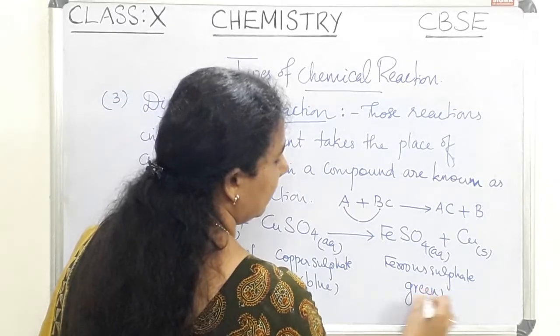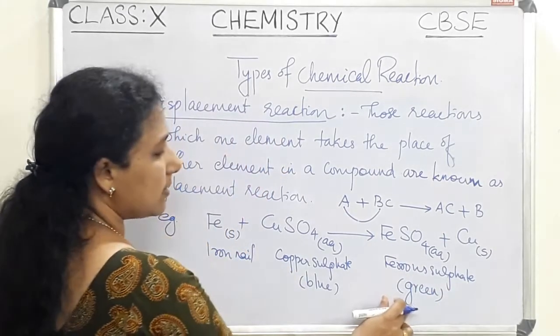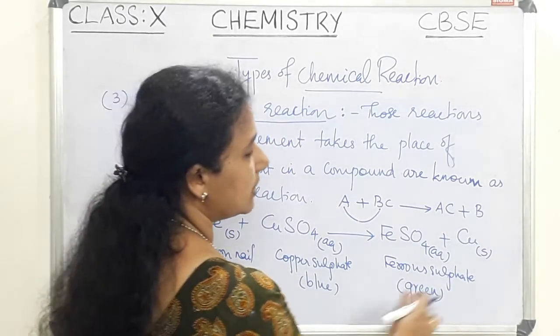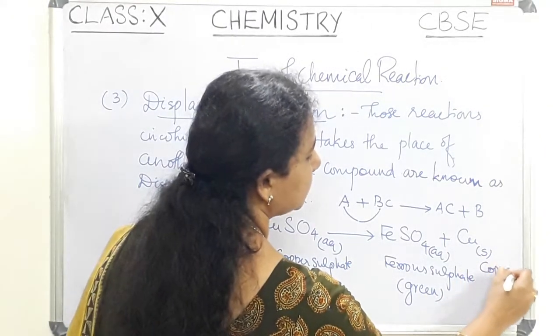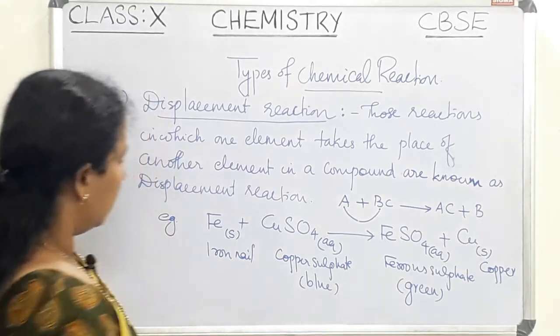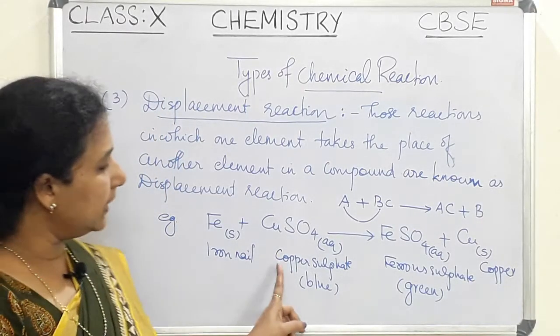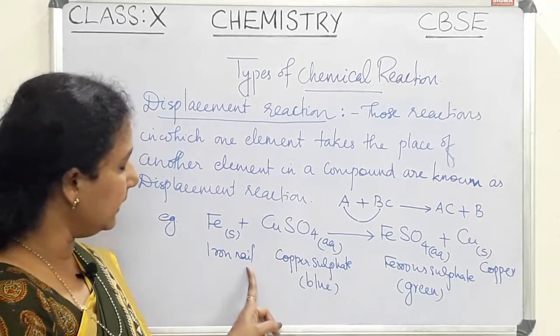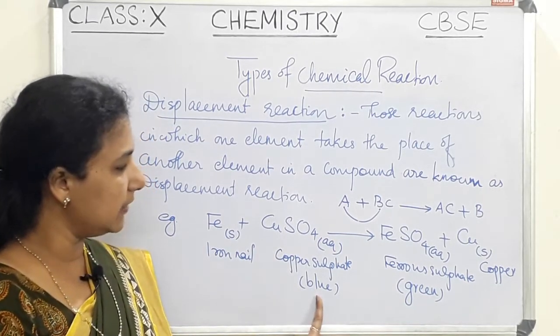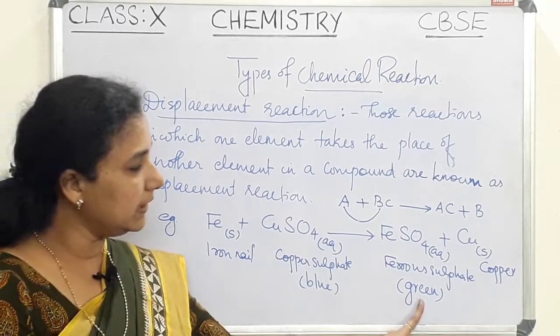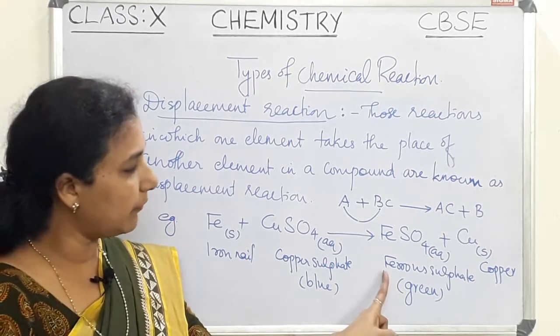So in this reaction, a green colored solution is formed, and copper. Cu is copper. So, iron nail dipped in copper sulfate solution. When an iron nail is placed in copper sulfate solution, the blue color of copper sulfate changes to green color due to the formation of ferrous sulfate.